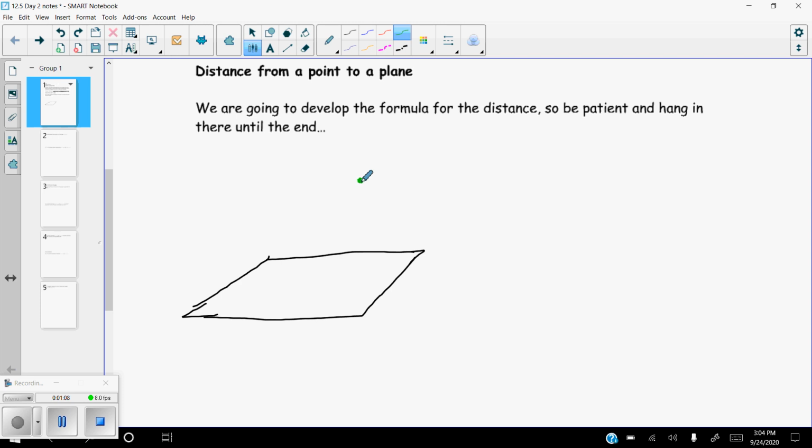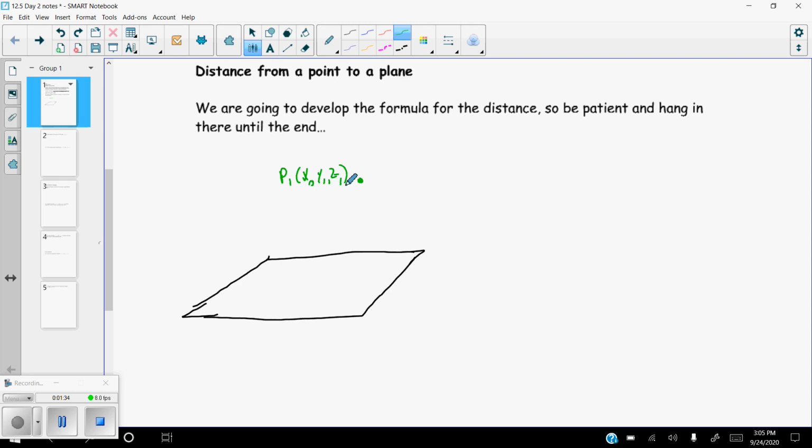That's the point that we're interested in finding, the distance from that point to the plane. So we'll call that point P1, so it'll be x1, y1, z1. That'll be the green point up there. We're trying to find the distance from that point down to the plane.